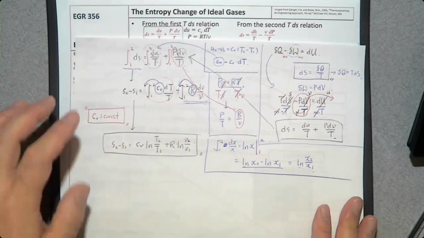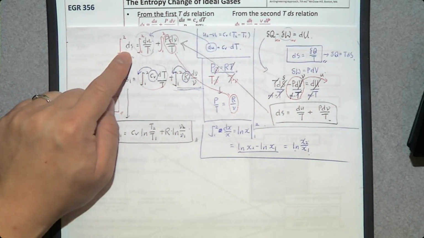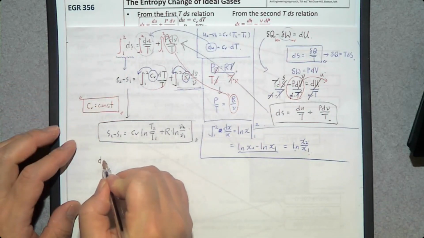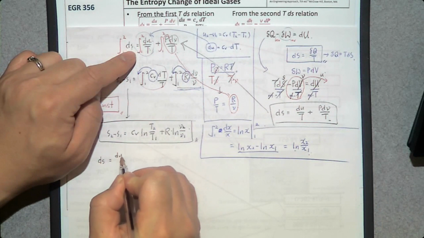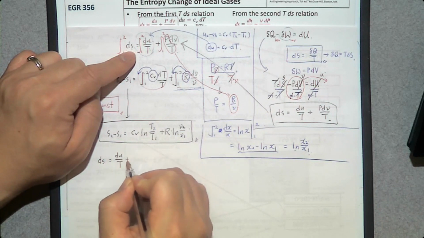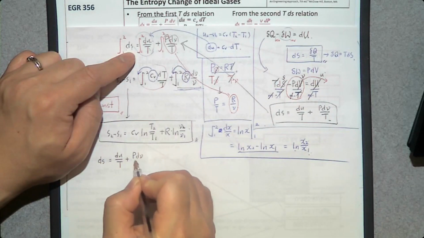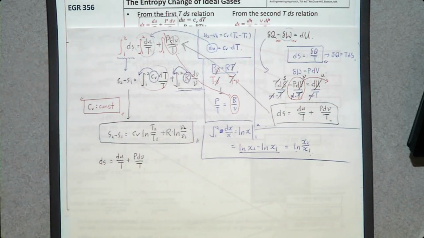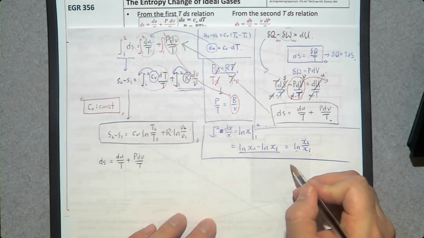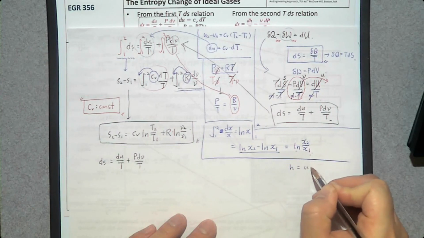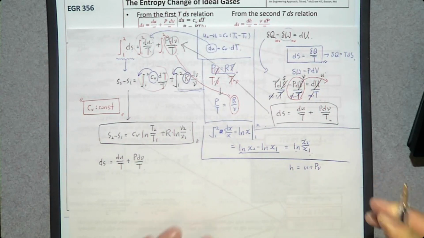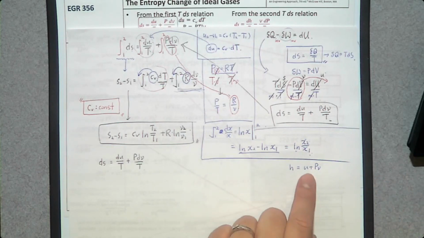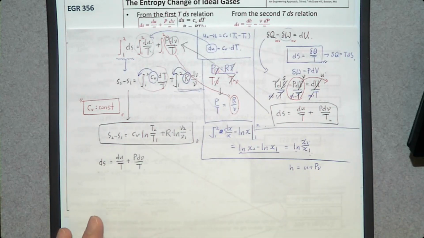But that's not the end. Let's go back to this equation. ds is dU over T plus PdV over T. Then, in chapter 3, we studied enthalpy. H is U plus PV. By the definition of enthalpy, enthalpy H is specific internal energy U plus flow energy P times V. Then, what is the differential form?